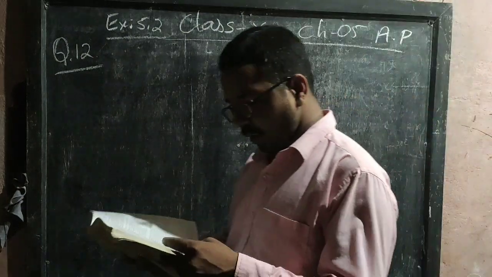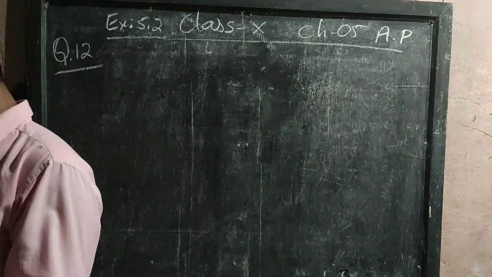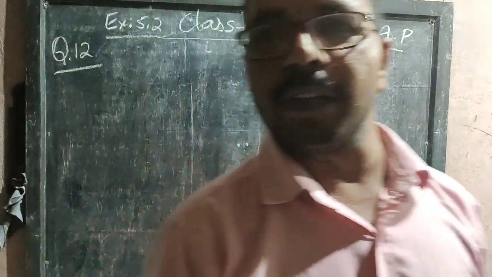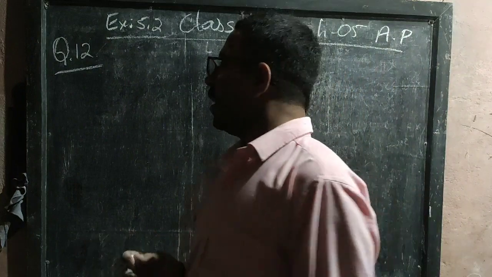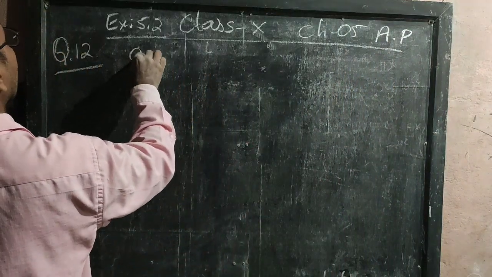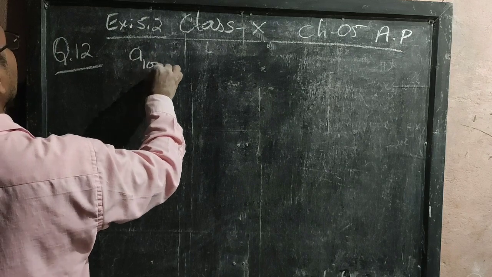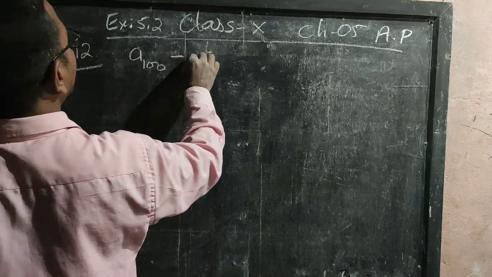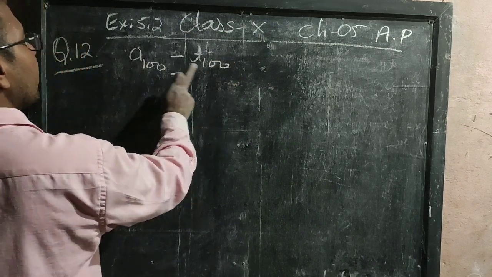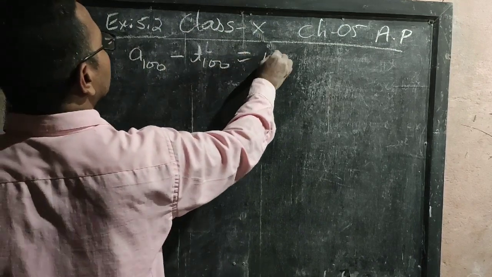So the difference between their 100th terms is 100. That means the difference between the terms of these 2 APs. Suppose one AP we denote by A100, and the second AP by T100. So the difference between their 100th terms is equal to how much?